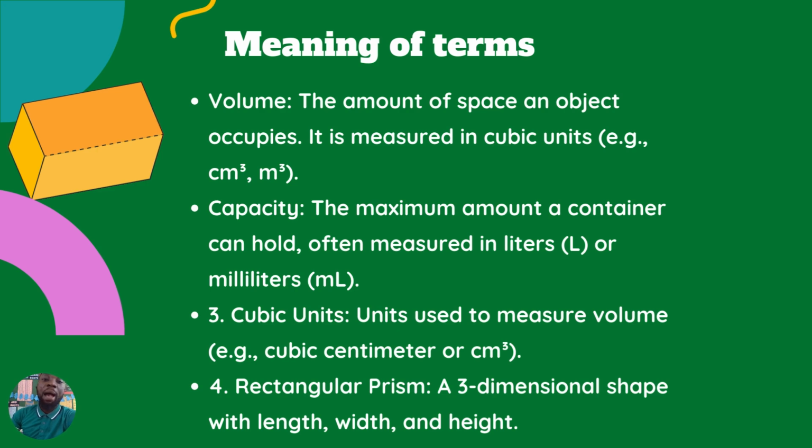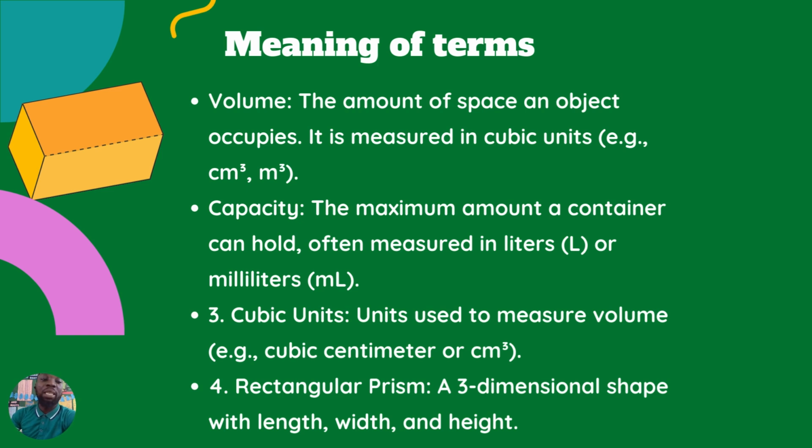On the other hand, we have capacity. Capacity means the amount a container can hold. So the difference between the volume of water and the capacity of an object: if I'm asking you the volume of water, I'm asking you the amount of space the water takes in the object. If I ask you the capacity of the object, I'm asking the amount the container can hold.